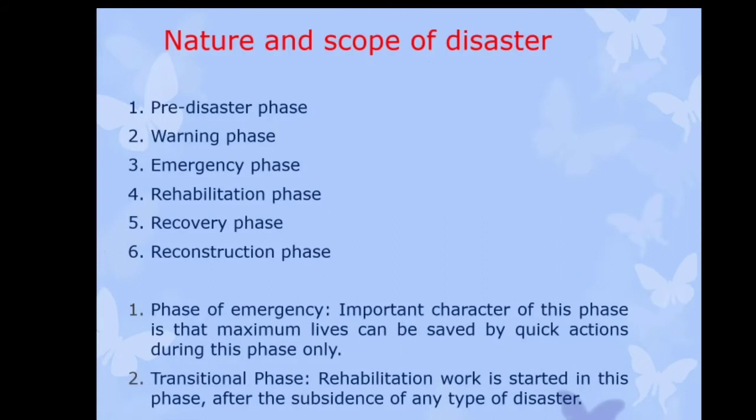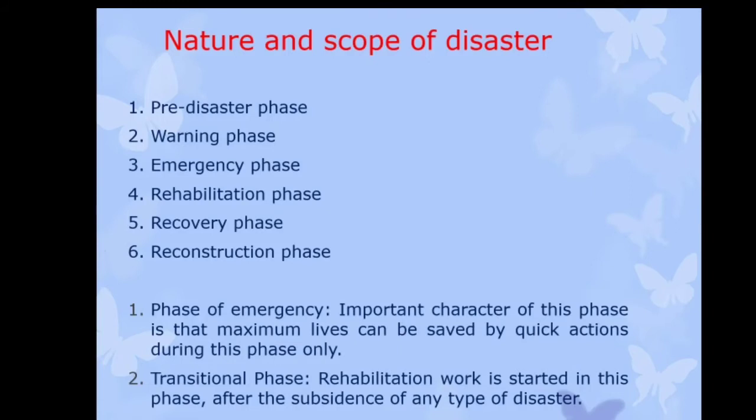Second phase, that is the transitional phase. Rehabilitation work is started in this phase after the subsidence of any type of disaster. It includes clearing of debris, restoring water supply, repairing roads, etc., so that it will help to bring normalcy to the public.